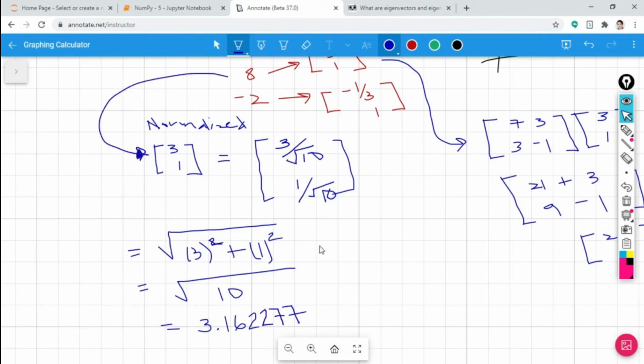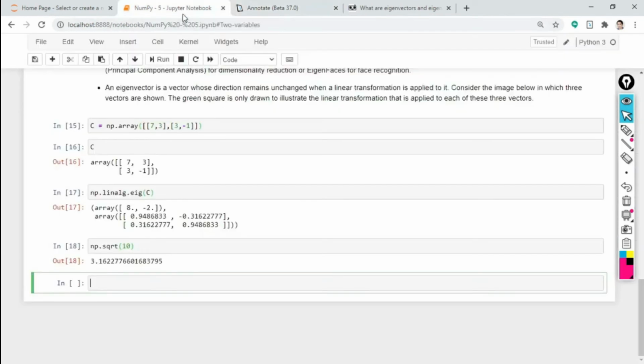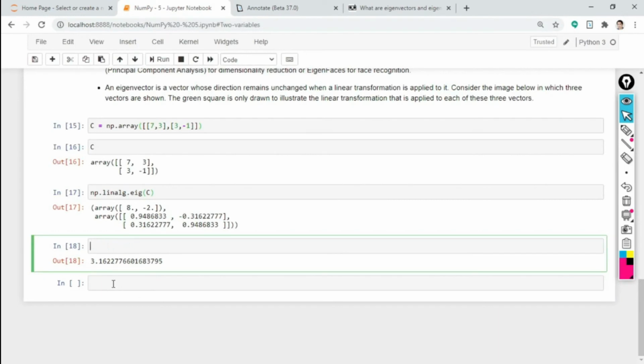So let me erase this one, and let me take a note. Why do we get different results from a manual computation?